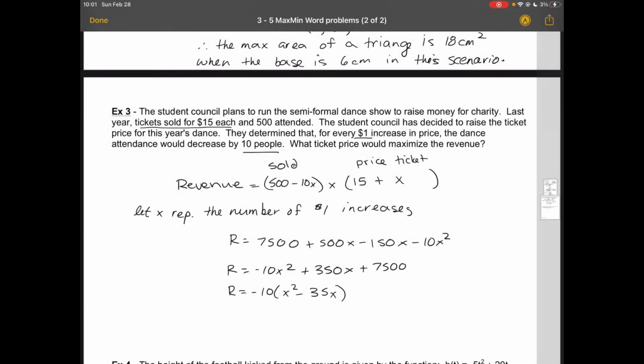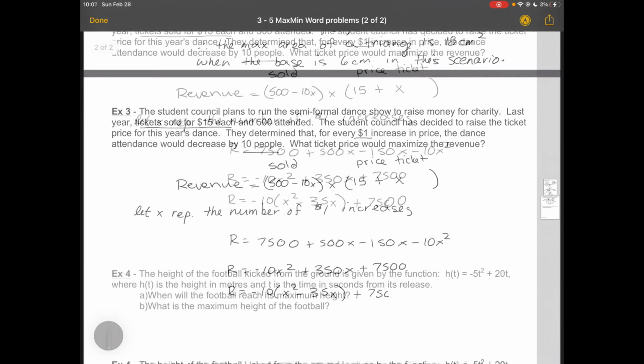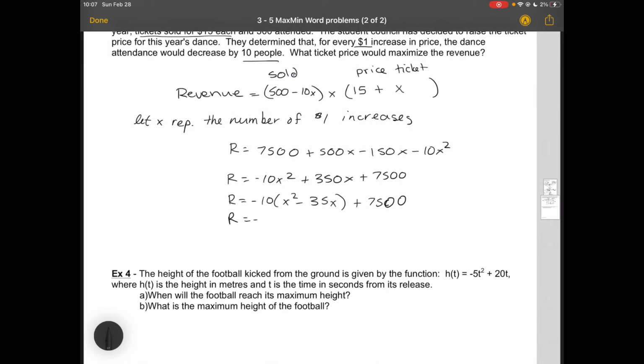I'm going to factor out 10 from my first two terms so that I can complete the square. So I'm going to divide 35 in half and square it, which is going to give me 306.25, and I'm going to add and subtract that number.